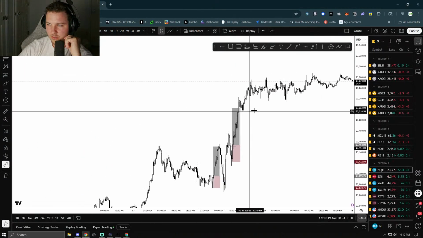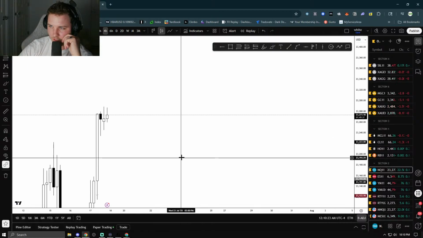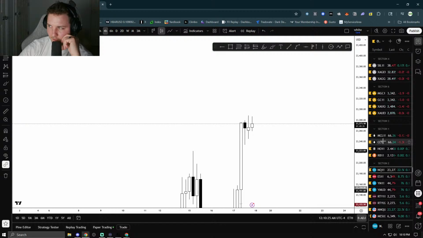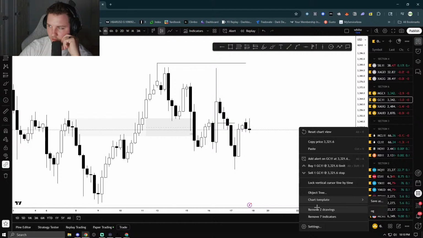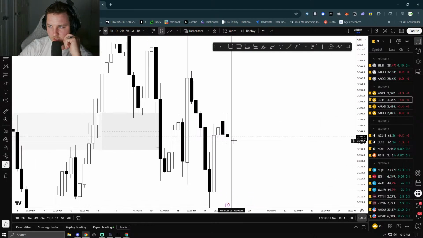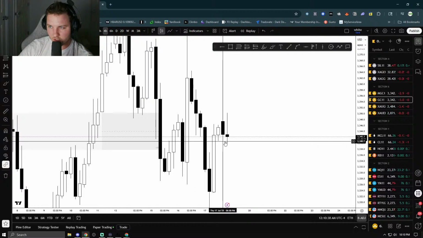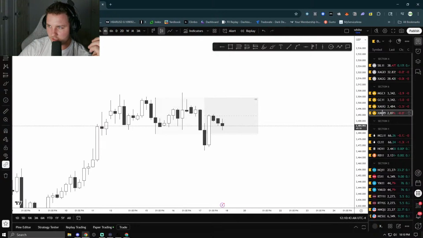Anticipating candle closures. I don't know what you mean by that. Anticipating candle closures. Because we just enter off candle closures. So you don't have to predict them.